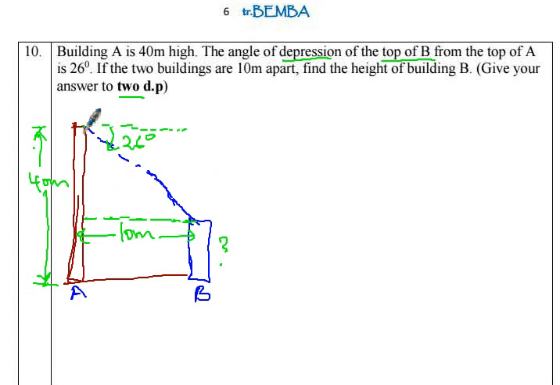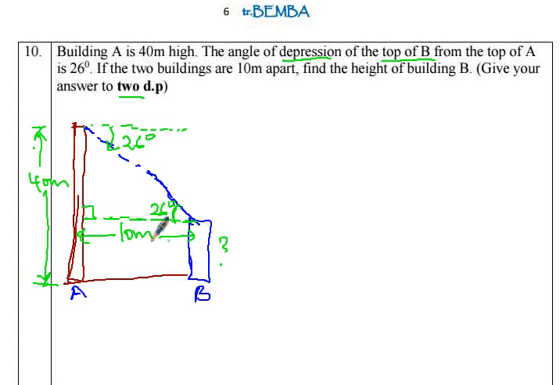So when we look at this, having sketched this, you can clearly see that this is a right-angled triangle. And when you look at this angle, you notice that these two are equal. Alternating angles. If you remember that letter Z, alternating angles. So this angle is equal to this.